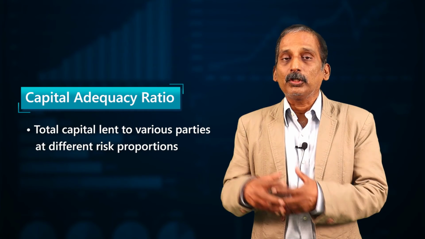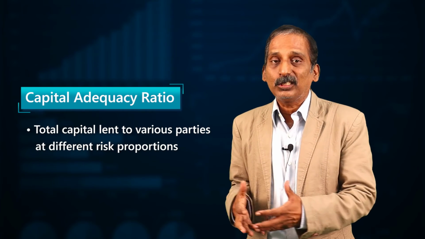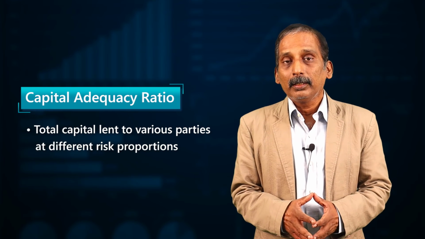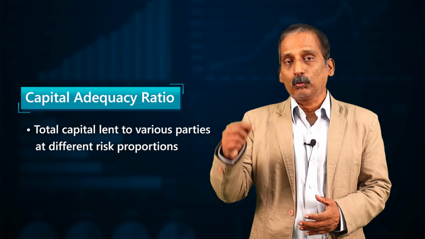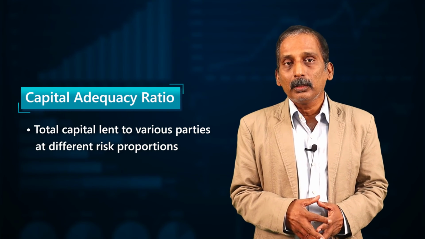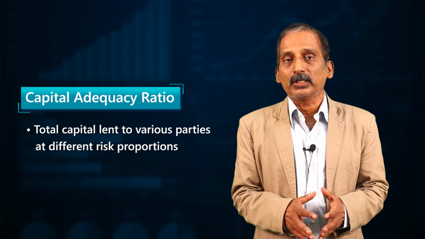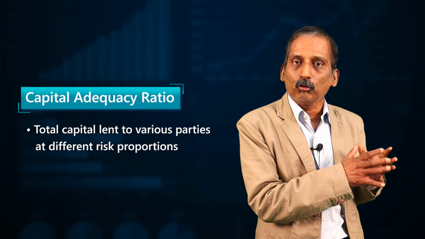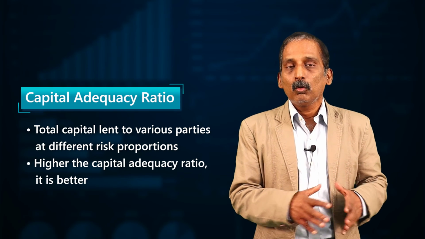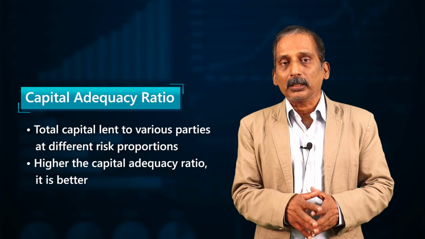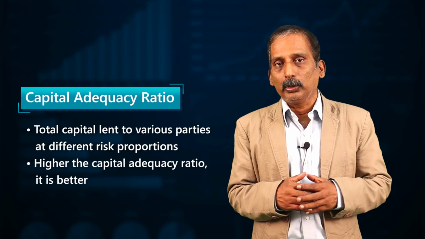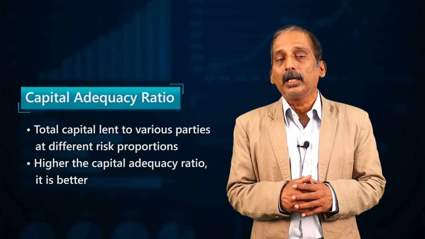After taking into account the weights for those risk proportions, which the RBI indicates to the bank as to what would be the appropriate weight, the capital adequacy ratio is computed. The higher the capital adequacy ratio, the better. From your perspective, it is sufficient to know that if the capital adequacy ratio is anywhere above 10%, it's good.